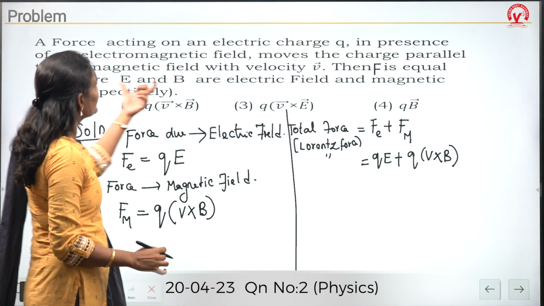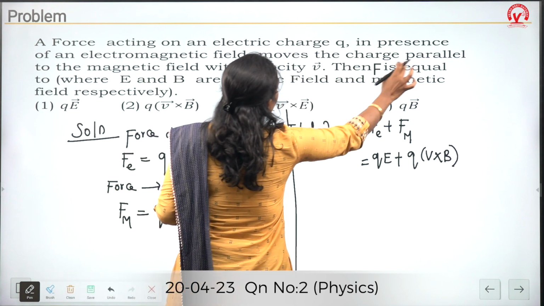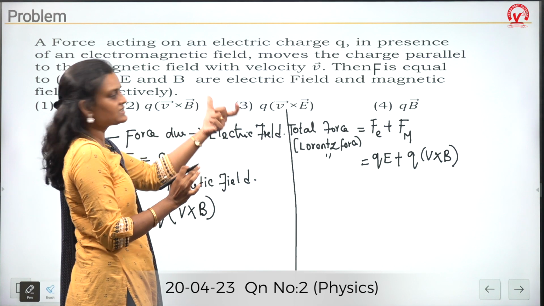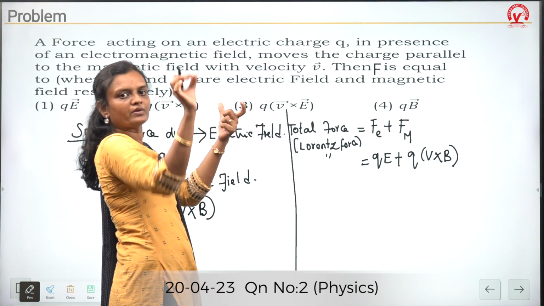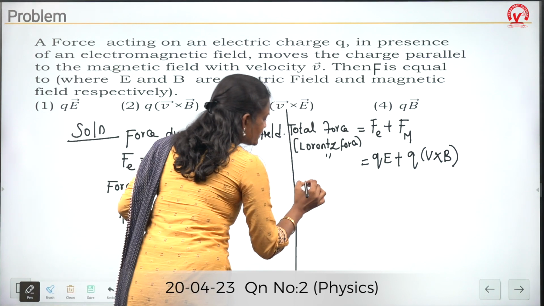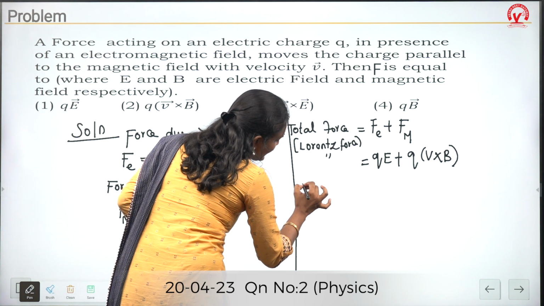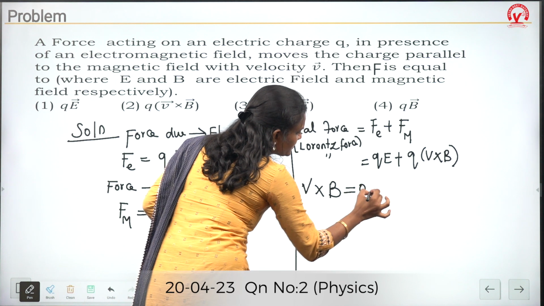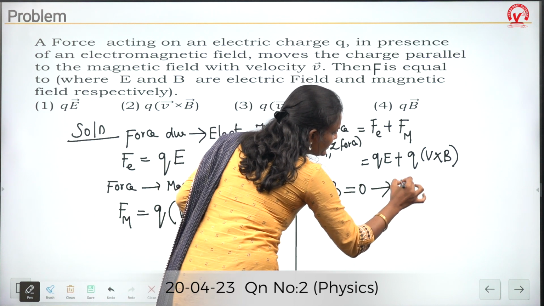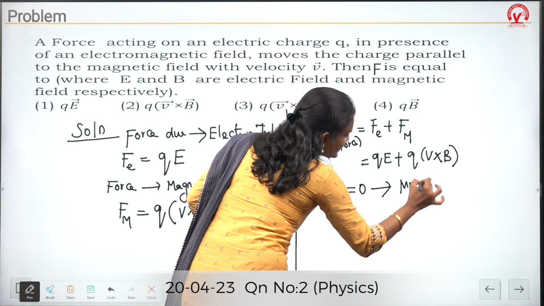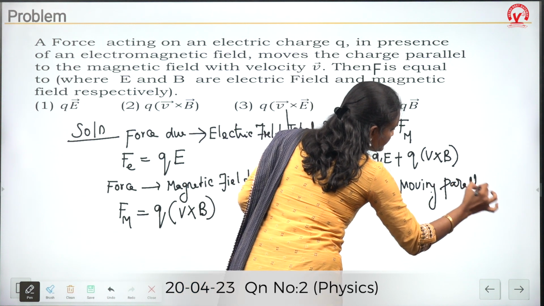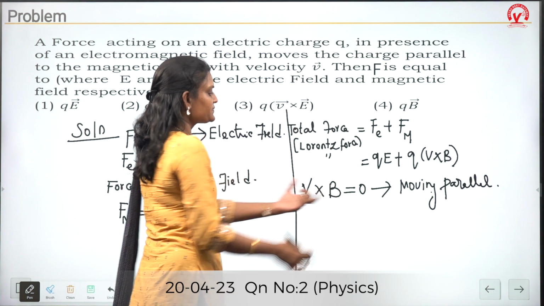This one is the Lorentz force. Now here they have given that the charge moves parallel to the magnetic field. The velocity of the charge is moving parallel to the magnetic field. Since it is moving parallel, V cross B is equal to 0.